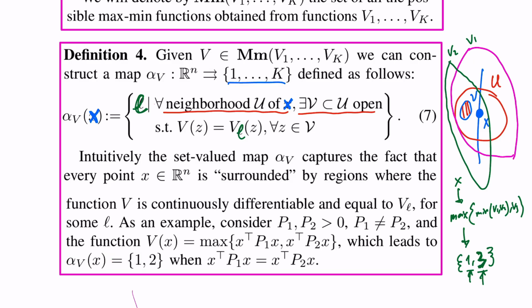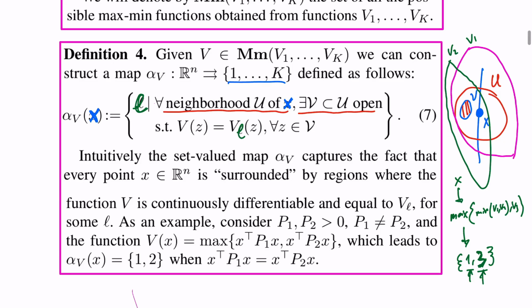Let's imagine we have V1 and then we have V2, and we are looking at R2 as our state space. Let me get this color. This part is where V1 is active, and then in green, this part is where V2 is active.